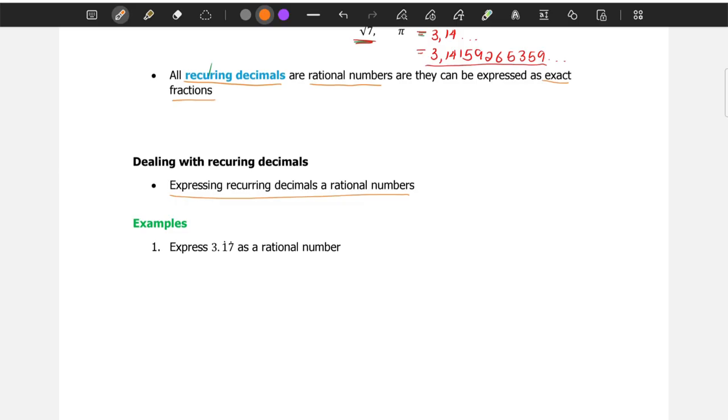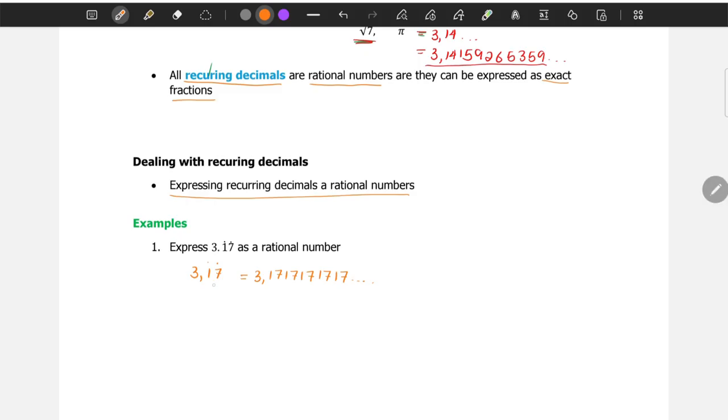Like I mentioned before, 1 and 7 have the dots at the top. This means that 1 and 7 are being repeated in that order after the decimal point an infinite number of times. So that's going to be 3.17, 17, 17, 17, 17. It goes on and on and on.